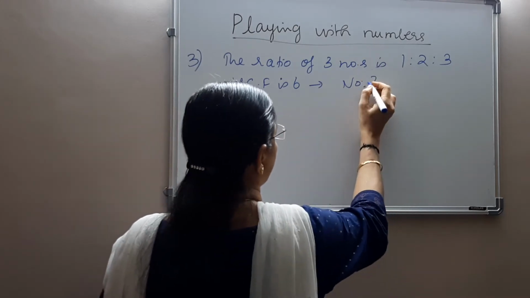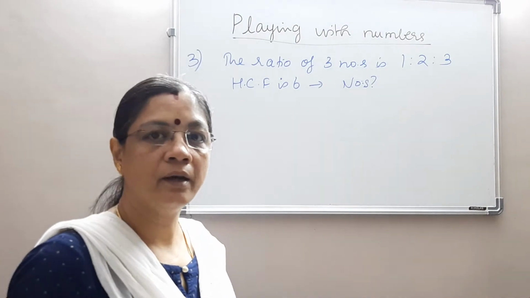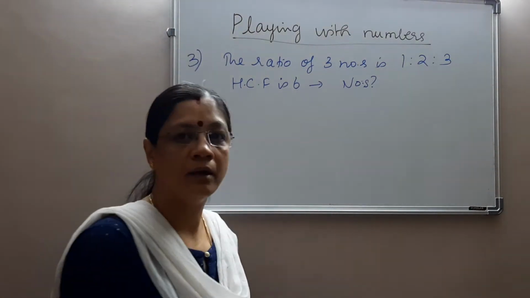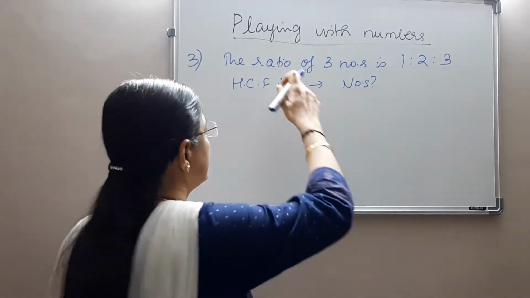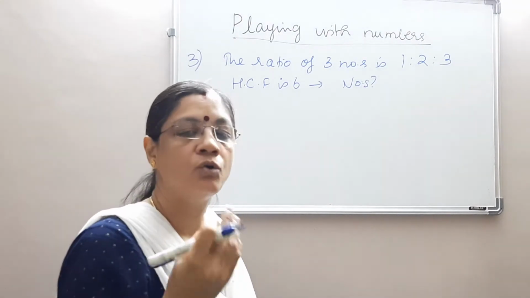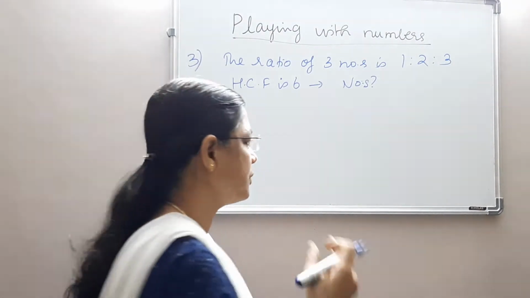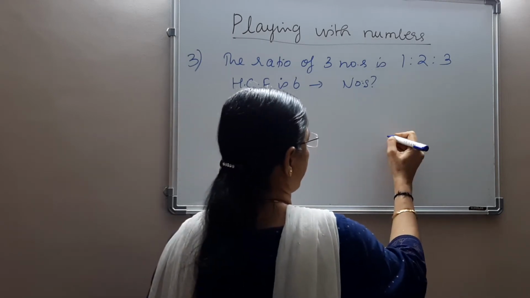Here too, I would like to take a simple example to show you the relationship between the HCF and the ratio. The three numbers are not known here, but the ratio is known, isn't it? So we'll take some numbers that are known.